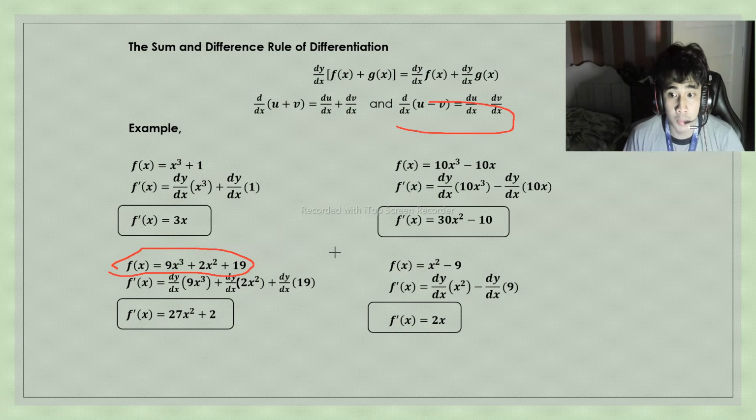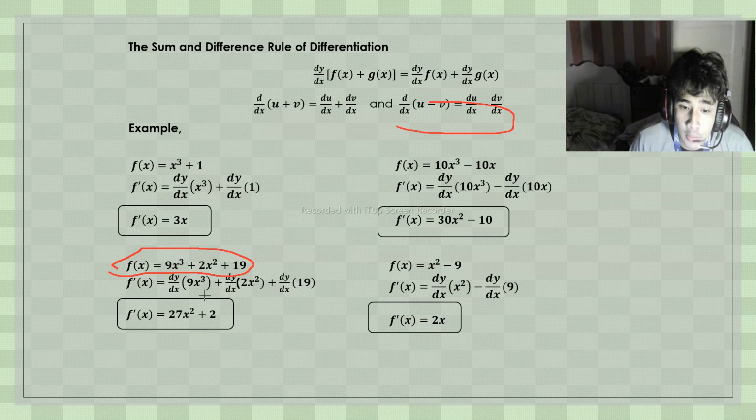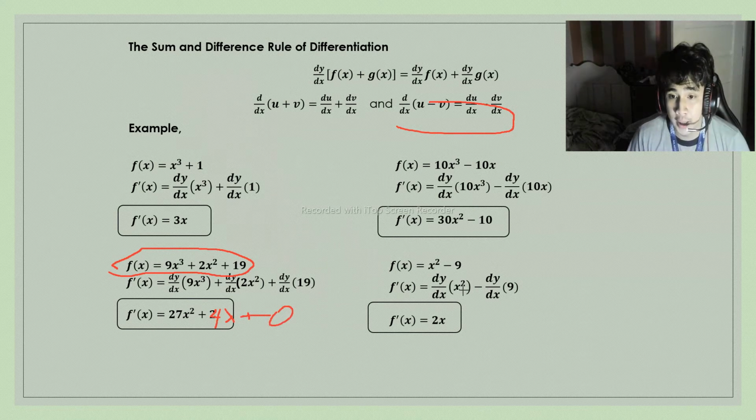Wag lang multiplication at division. So, ang magiging sagot, derivative of 9x cubed is 27x squared plus the derivative of 2x squared, ang derivative niya is 4x. Ang derivative ng 19 ay 0. So, that will be our answer.